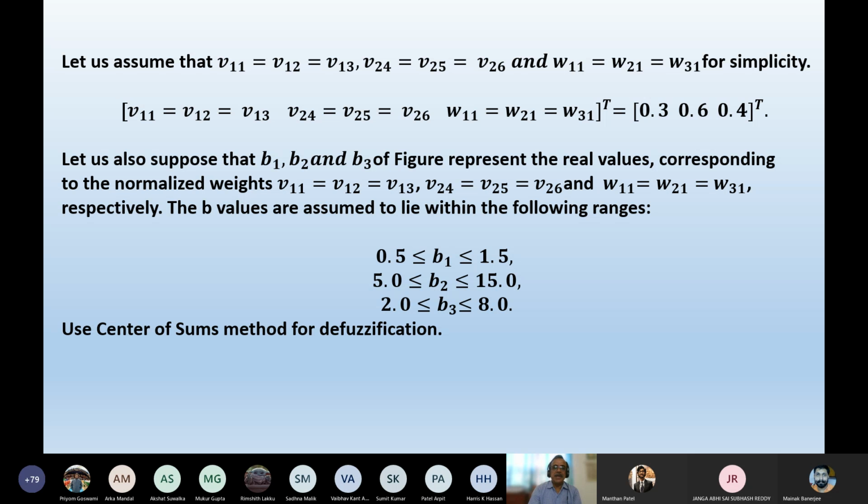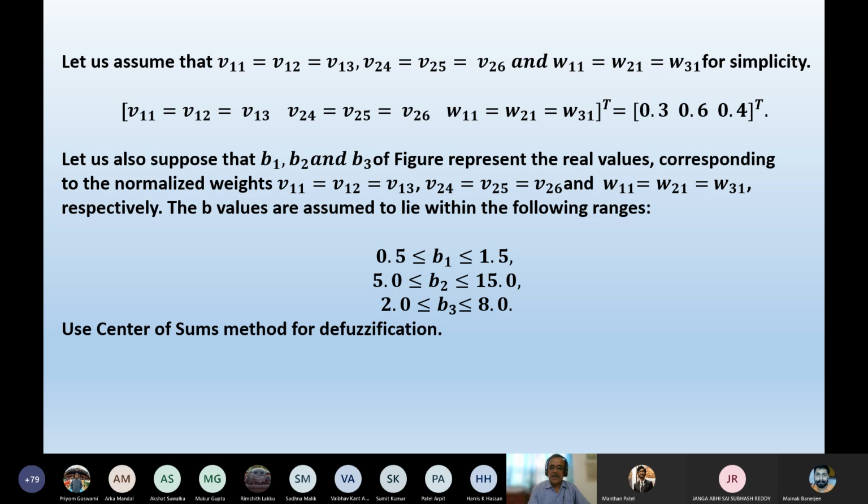V11 equals V12 equals V13 for symmetricity of that membership function distribution. Similarly, V24 equals V25 equals V26. Then comes W11 equals W21 equals W31 for simplicity.